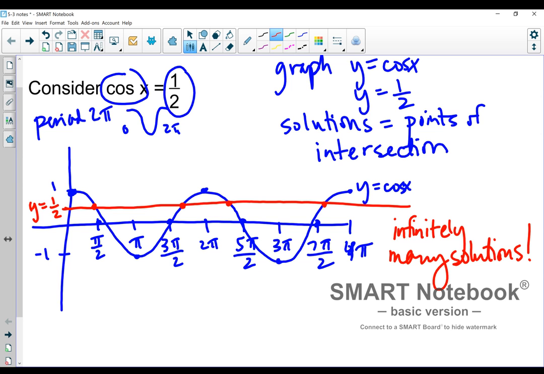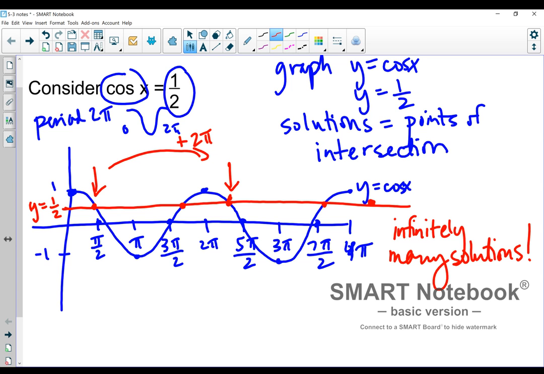The other thing I need you to understand is that whatever solution I have here, this solution over here is in the same spot on the function, as my cosine first starts down. This one is going to be 2 pi after that first one. And if I add 2 more pi, I would get one right over here. So that solution is going to be repeated every 2 pi.